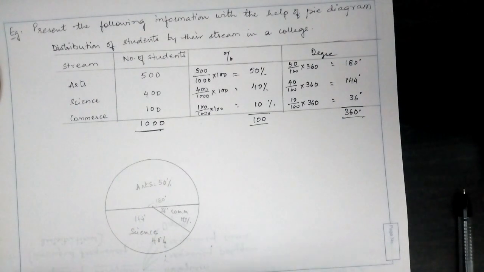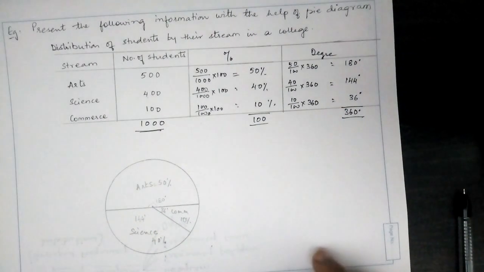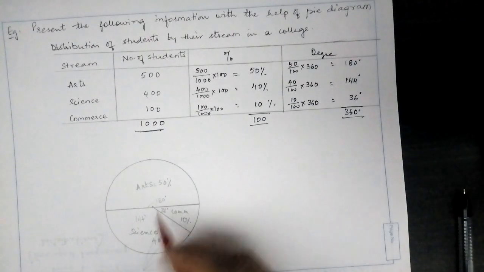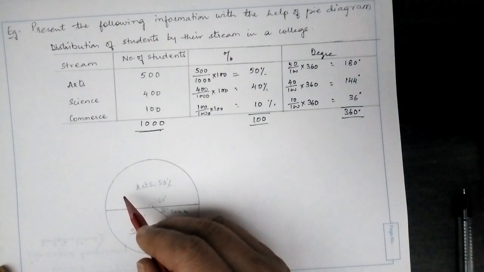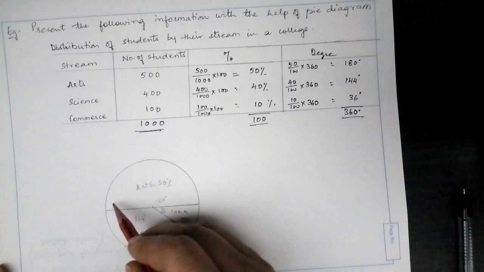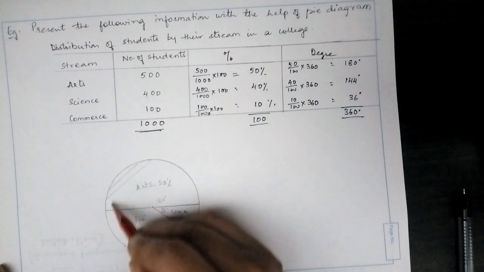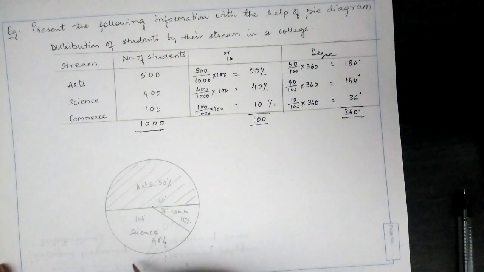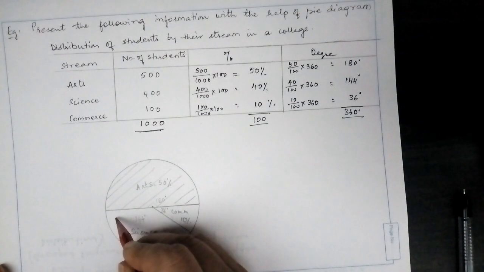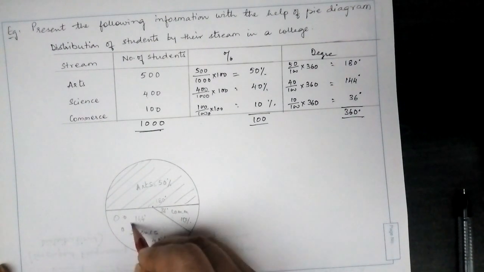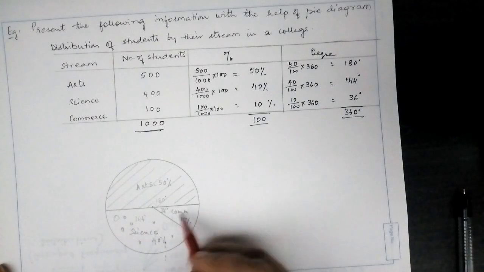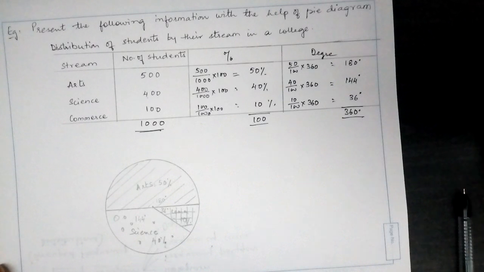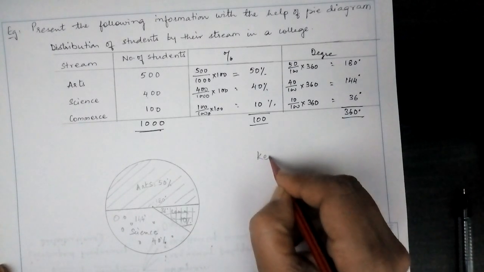Since we are representing the pie chart like this, to differentiate the areas, we may choose some design. Let us say for arts we are choosing something like this, and for science we might choose some circles, something like this, and for commerce we are going to choose something like this. So we will form a key here.